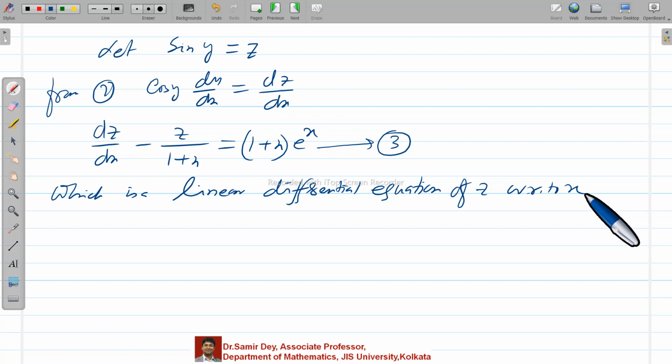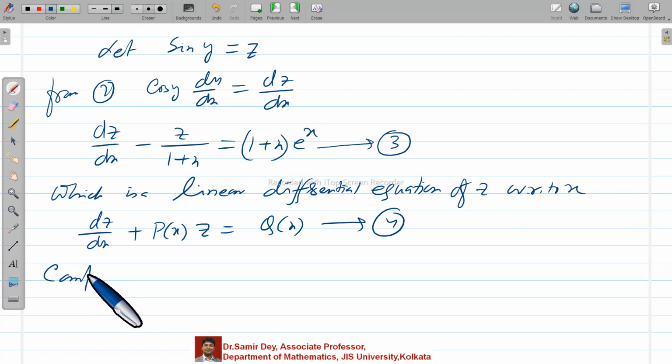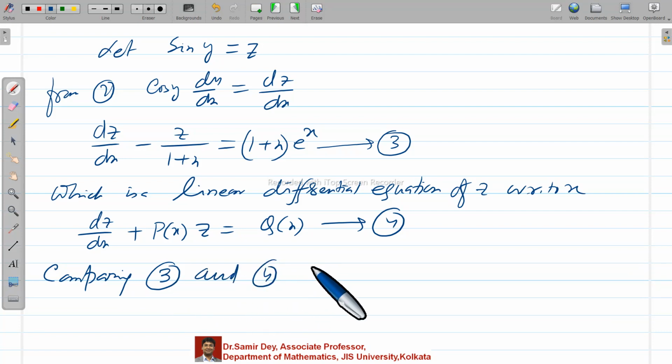Clear? Now you compare: dz by dx plus P(x) z is equal to Q(x), that is number 4. I have considered dz by dx according to the format. Now write down, comparing 3 and 4 we get.